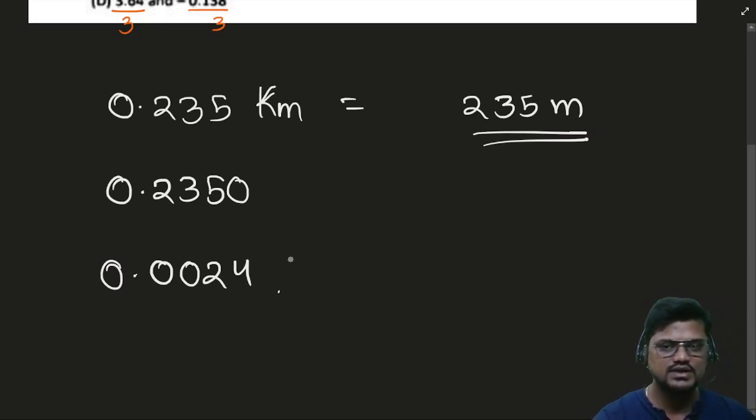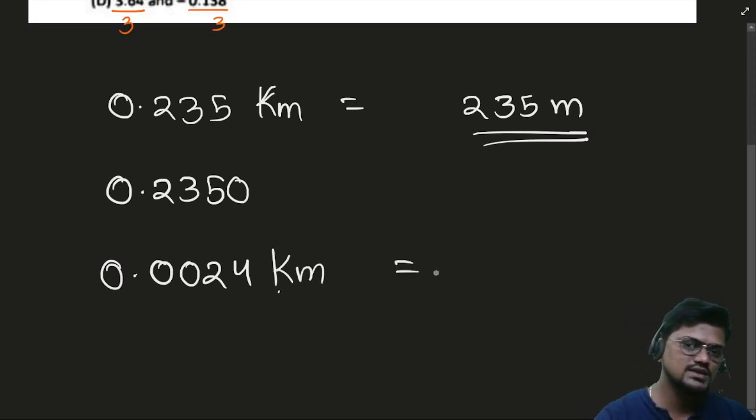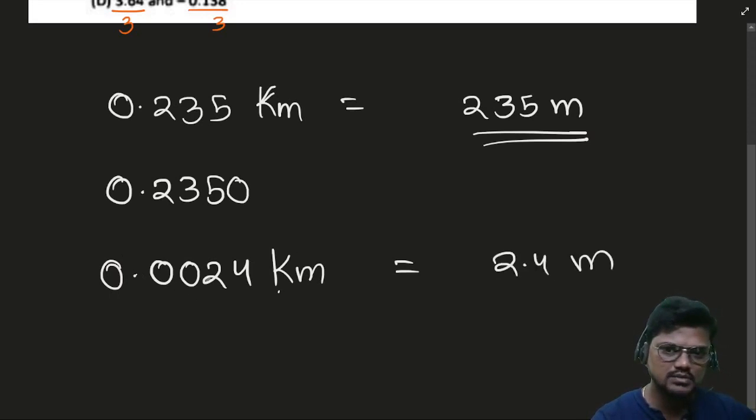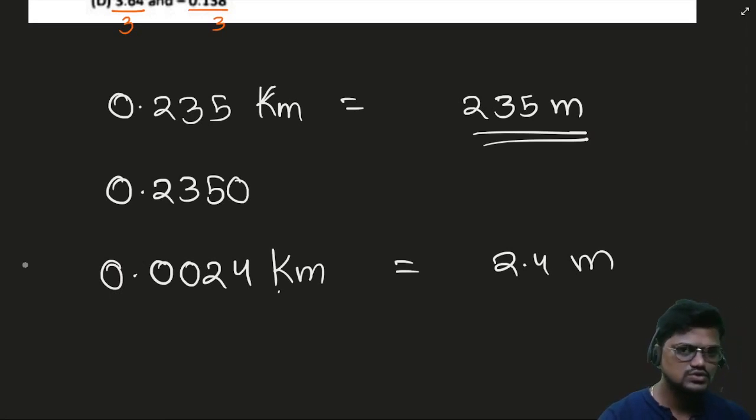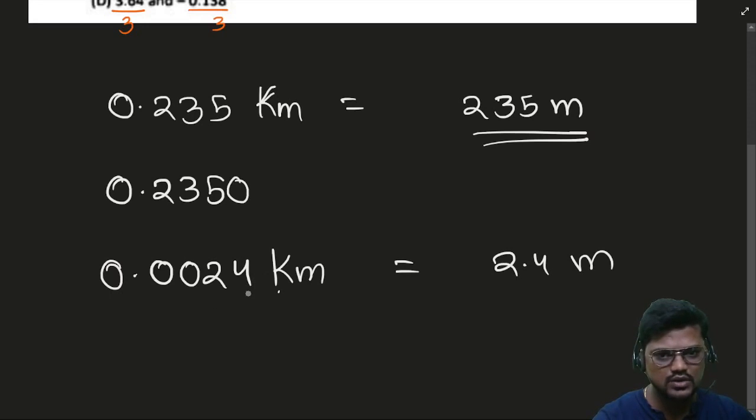Because if I say this as 0.0024 kilometer, then what can I write in terms of meter? It will be multiplied with 1000. I can write it as 2.4 meter. These zeros are disappearing, right? That's why they are not significant. Got it? So over here the significant figures are only 2.